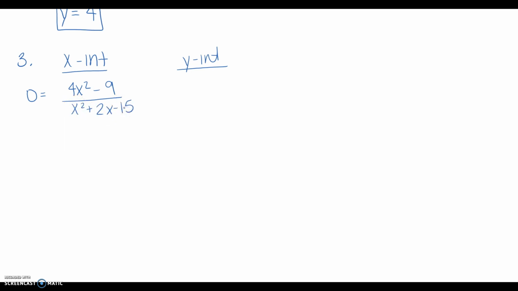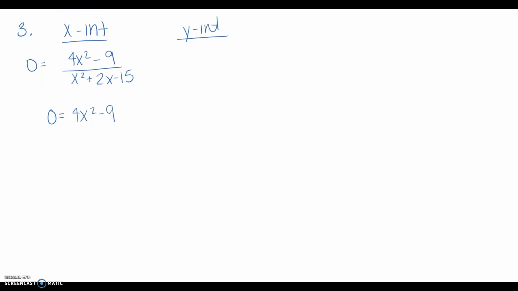When we multiply both sides by the denominator, we get 0 equals 4x squared minus 9. Now we need to add 9 to both sides. So we have 9 equals 4x squared. Divide by 4, and we are left with 9/4 equals x squared.